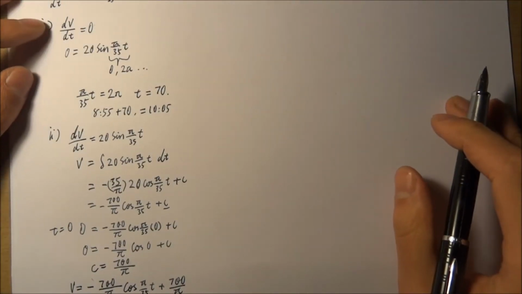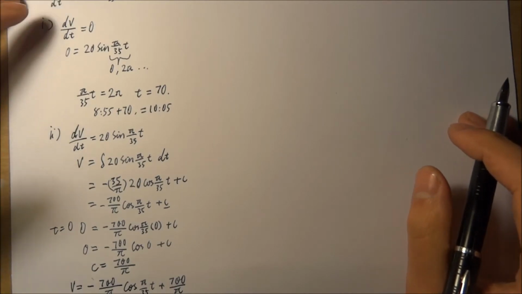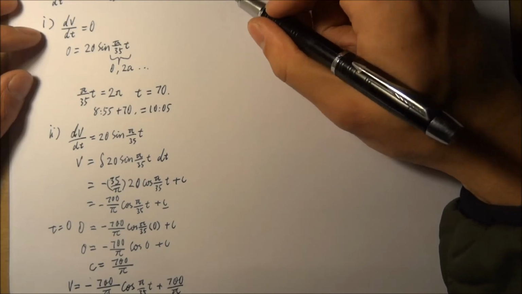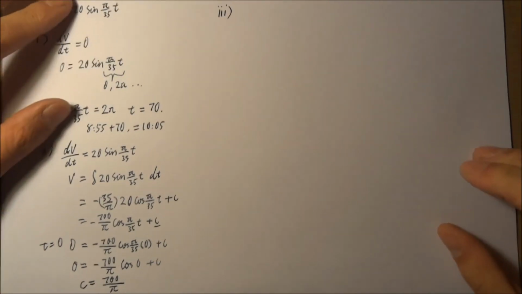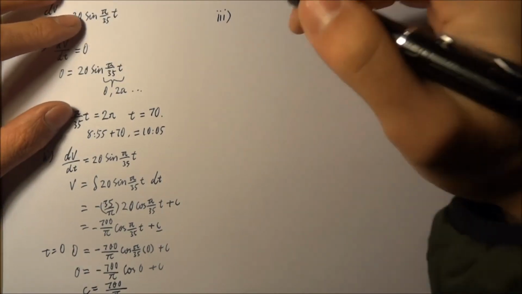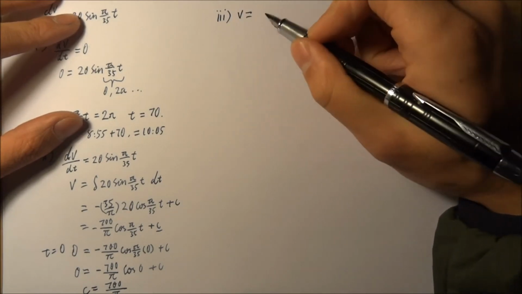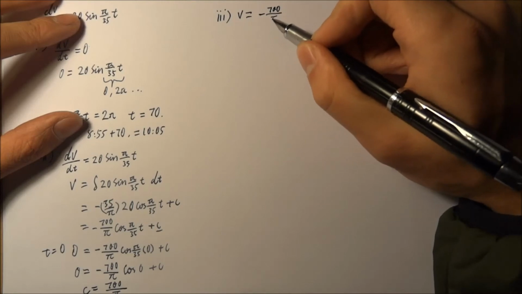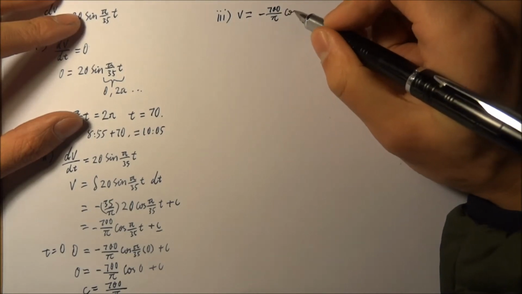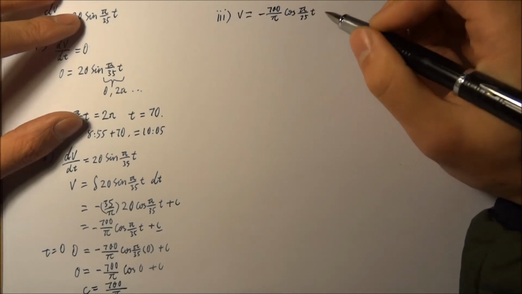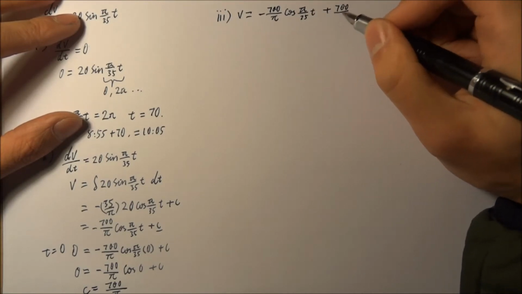Now the last part, when the volume reaches the maximum. Of course, the most straightforward way to find it is that since we already have the volume equation, which is minus 700 over pi cosine(pi over 35 t) plus 700 over pi.